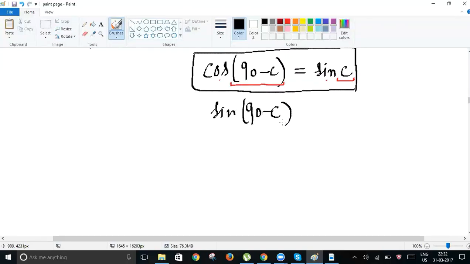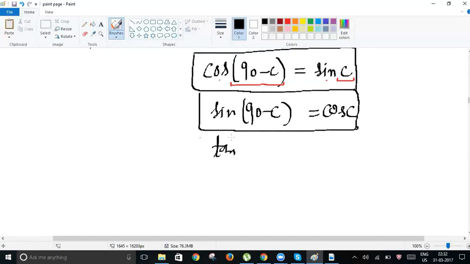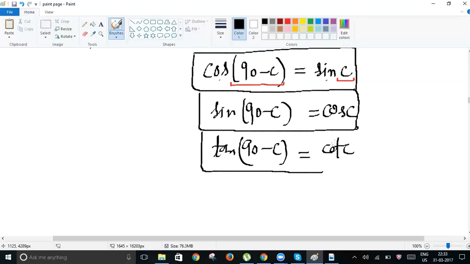Sine 90 minus C is equal to cos C. This is the second one. And the third one is tan 90 minus C equals cot C.